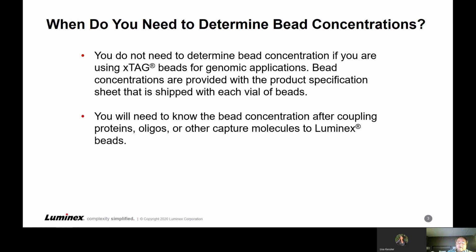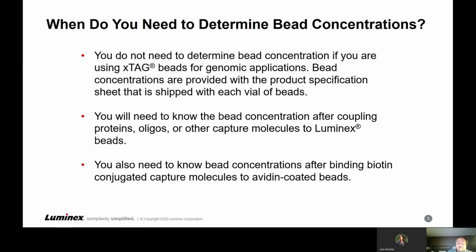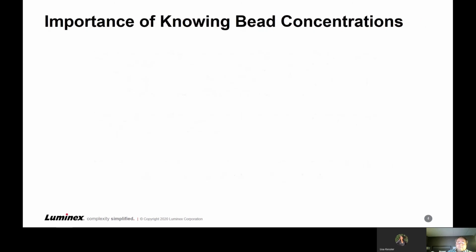In general, however, you will need to know bead concentrations after you've coupled proteins, oligos, or other capture molecules to our Luminex beads. If you're using biotin-tagged proteins or peptides that are being bound to Avidin beads, you'll also need to know those concentrations as well after you've done the binding of your conjugated molecules to the Avidin-coated beads.